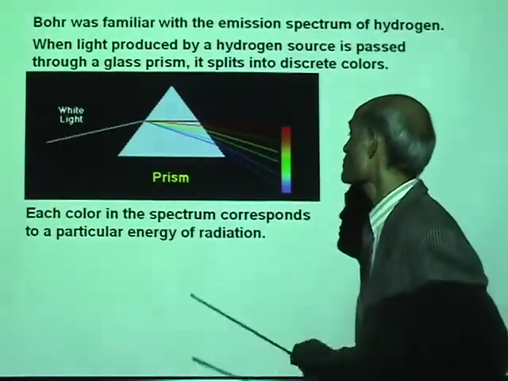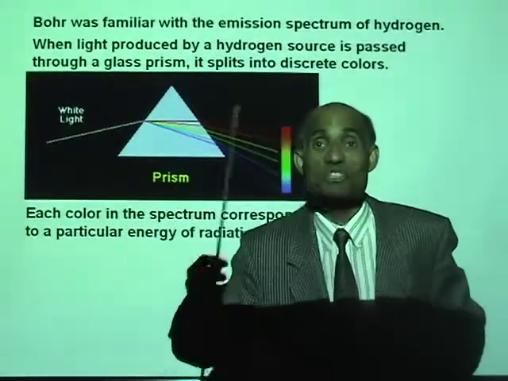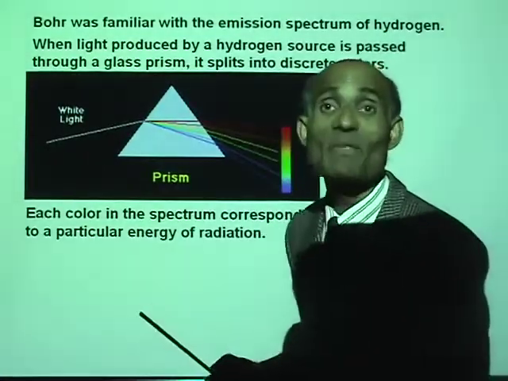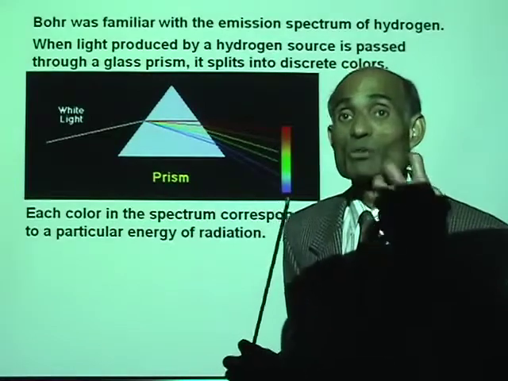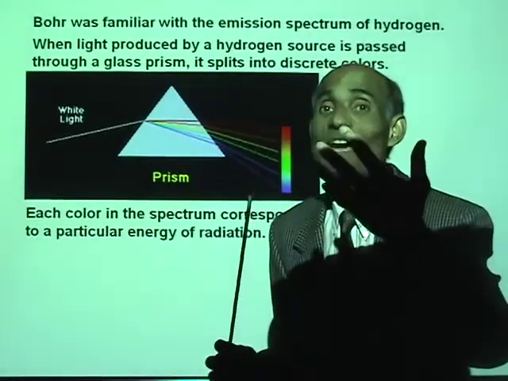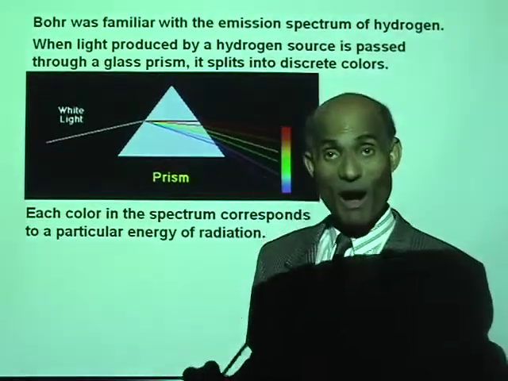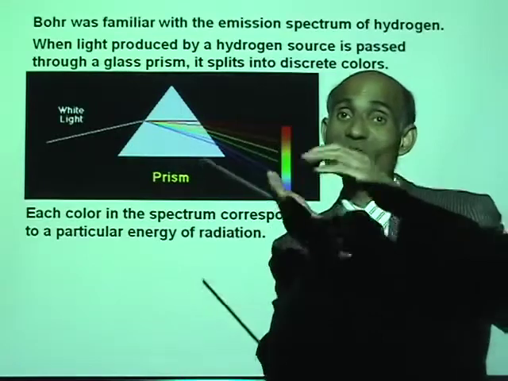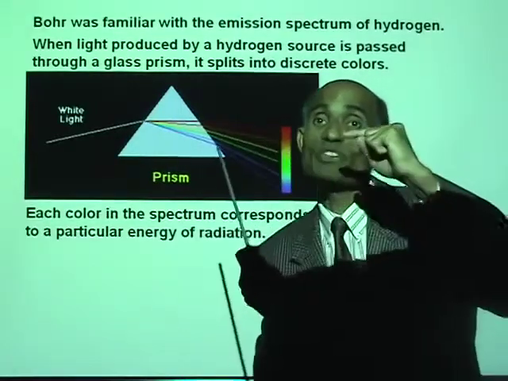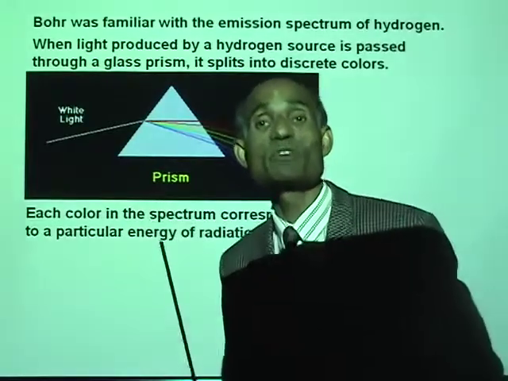Each color in the spectrum corresponds to a particular energy of radiation. You know that by now. A red color corresponds to a lower energy, and purple corresponds to a much higher energy. And that's the reason why they split, because each energy will deviate slightly differently.